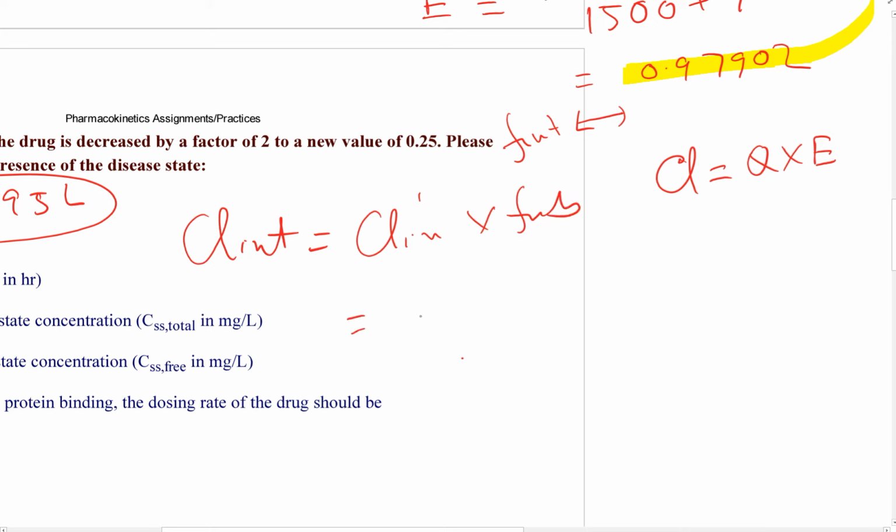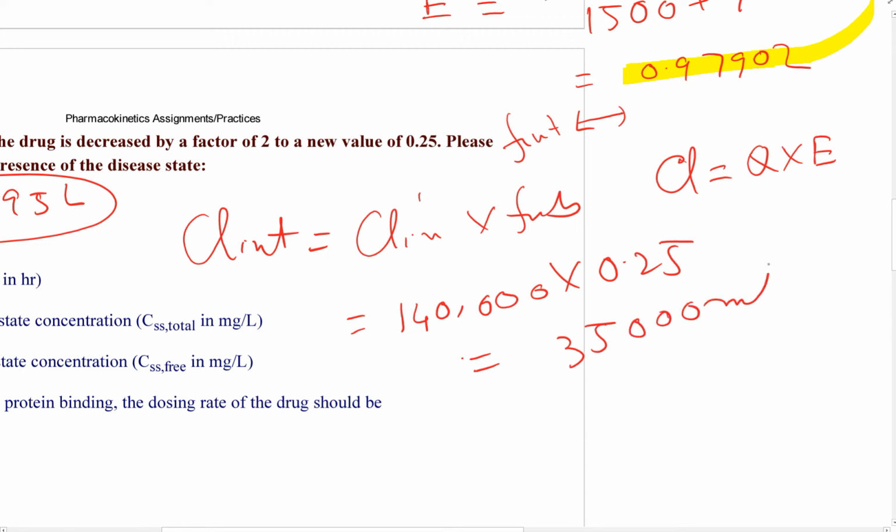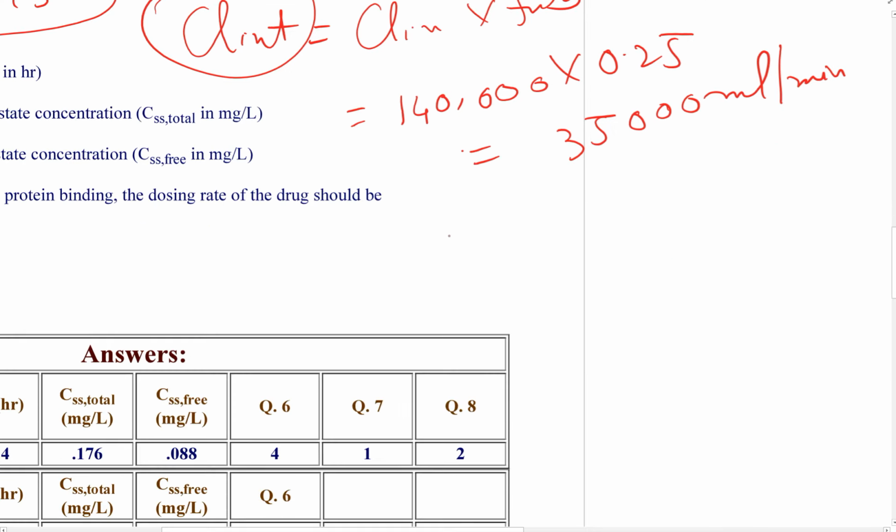Our previous CLINT initial is 140,000 times 0.25, which is equal to 35,000 milliliter per minute. So this is our hepatic intrinsic clearance. We have the data on intrinsic clearance of free drug. Now you calculate E again.